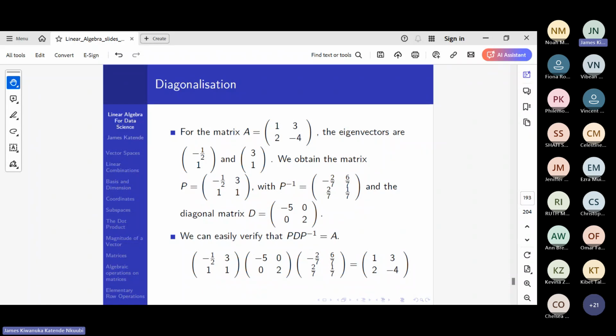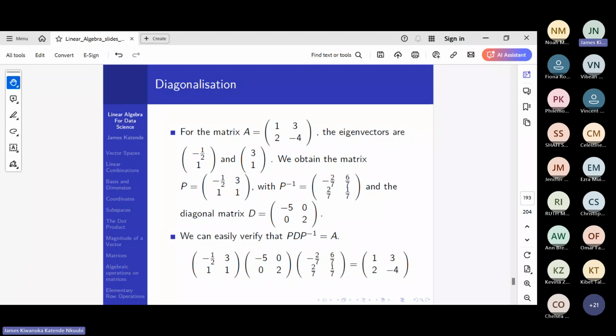So the important thing is to get the eigenvectors, construct this matrix P. Once you have the matrix P, you can compute its inverse. And by then, when you're working this out, you would have gotten the eigenvalues as well.